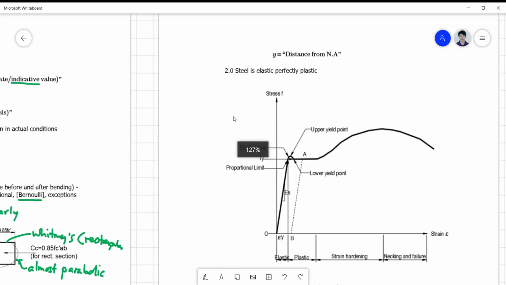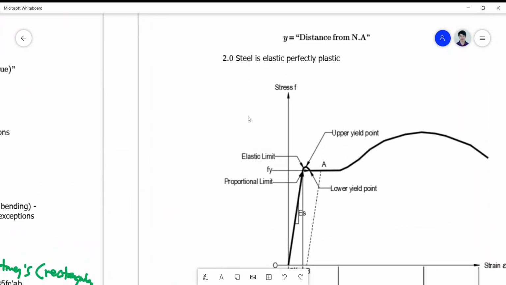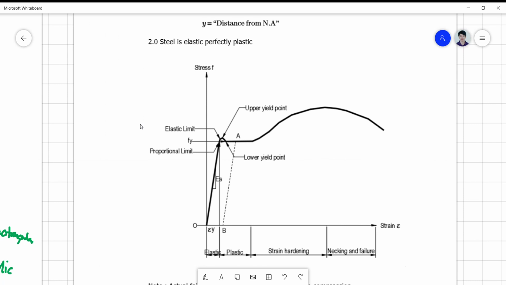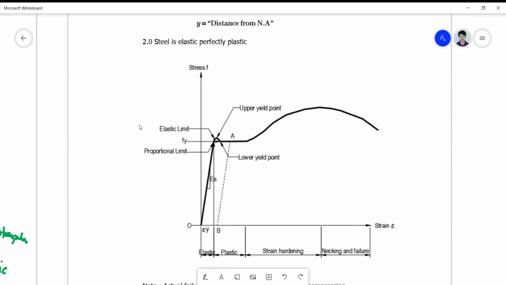Okay, so for your second assumption, it is assumed that your steel is an elastic, perfectly plastic material. So it's an elastoplastic material, which is again not true. In this case, there's what you call the strain hardening, and the necking and failure state beyond the plastic range.